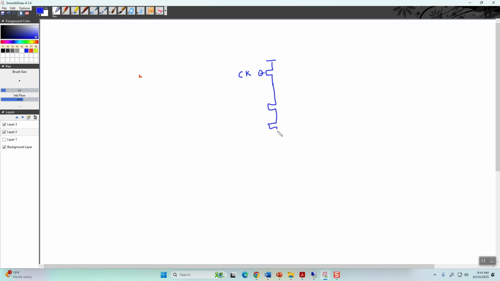The NMOS stack remains, okay, because they're faster, so therefore you don't need as much width, so you can cut down on the area. A, B, C, D. Okay.